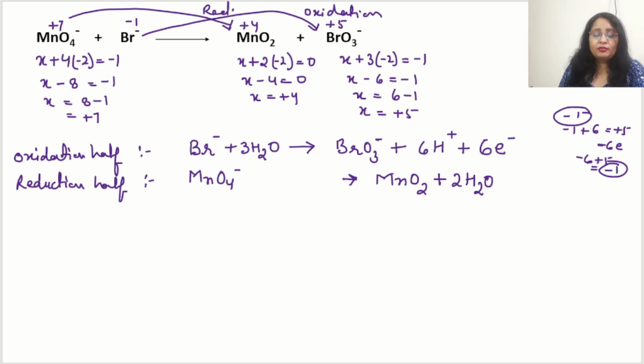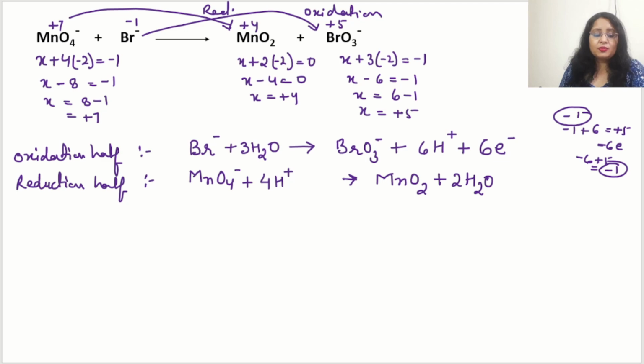Now after that we will balance the hydrogen. Hydrogen we can see on the right hand side 2 2s are 4, and on the left hand side there is no hydrogen. So we will add H plus ions to balance the hydrogen. So we will write on the left hand side 4H plus. Correct?